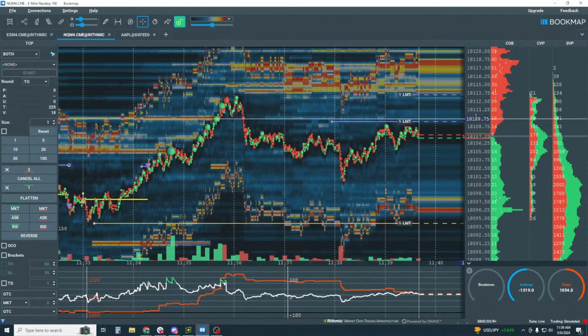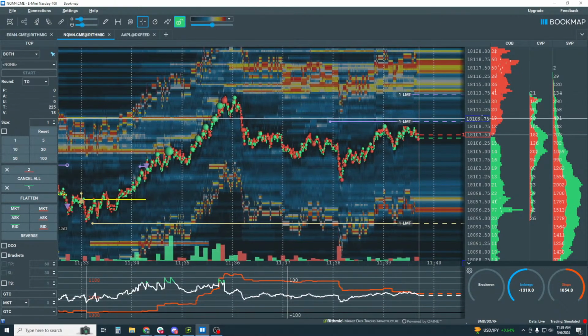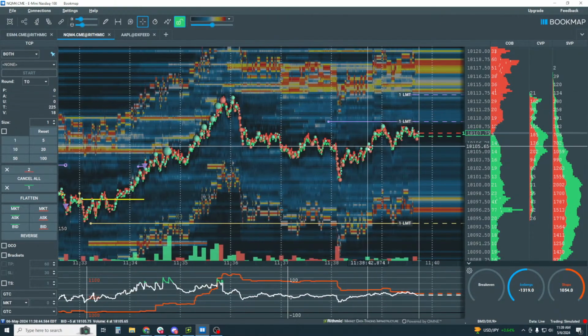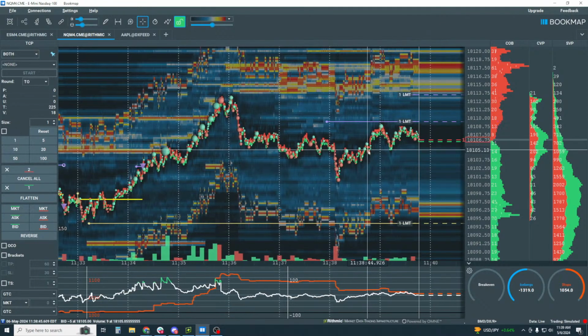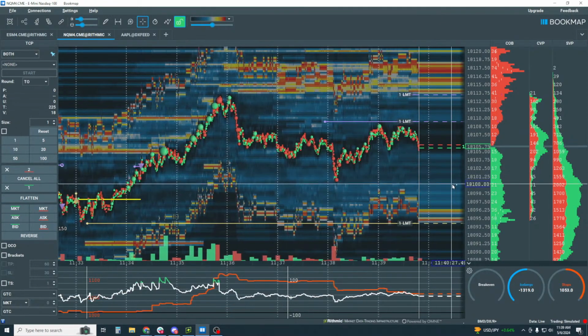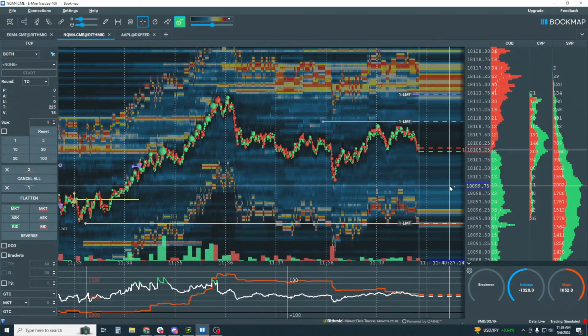You can also look at rejections around some of these big figure numbers as well. Bigger figure numbers, 100 down here. We're above 100.